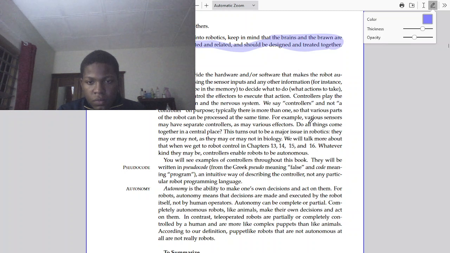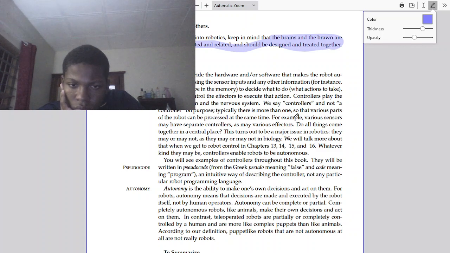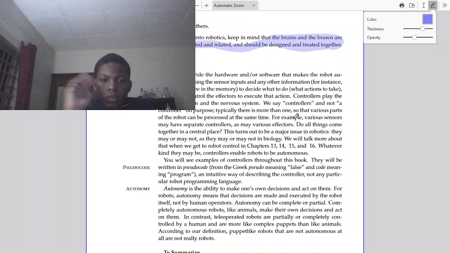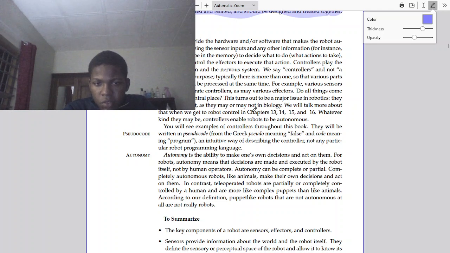So controllers enable robots to be autonomous.